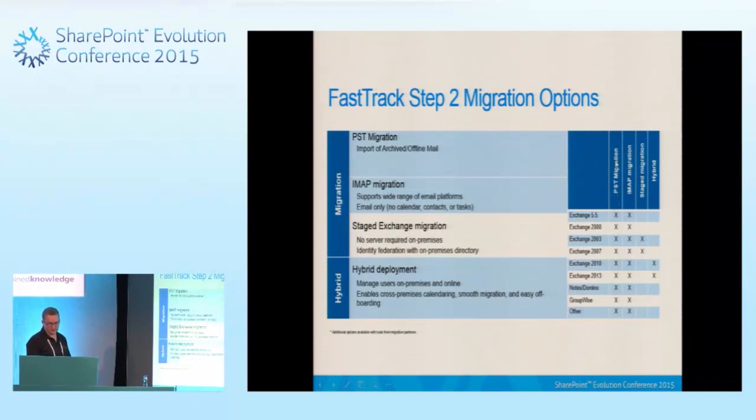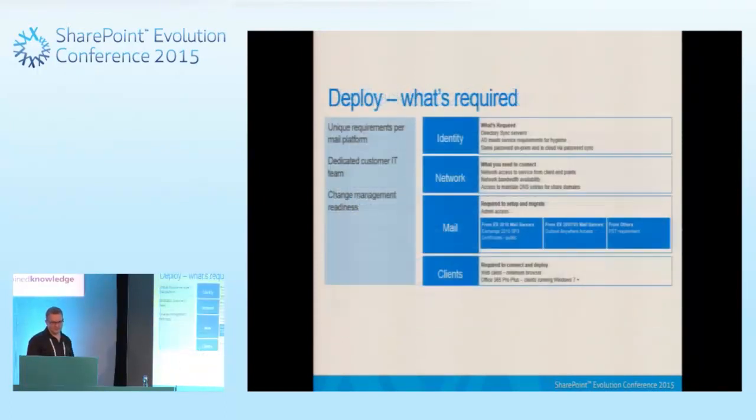PST migration is supported on everything. Then you have IMAP, which is also supported on everything, because usually you use third-party tools to do that. And then you have the hybrid setup, which is supported only on Exchange Server 2010 Service Pack 3 or later, or Exchange 2013.